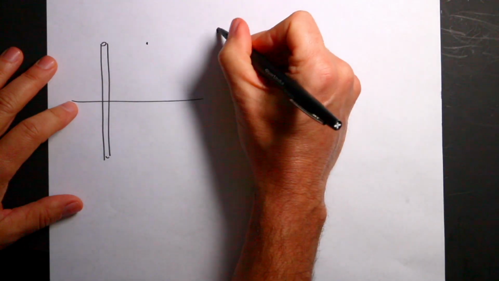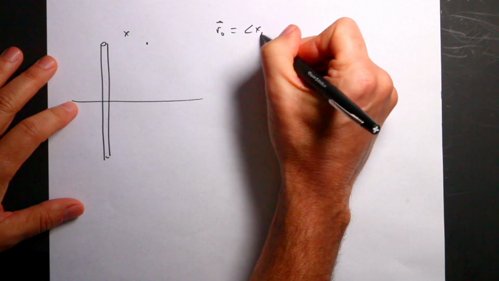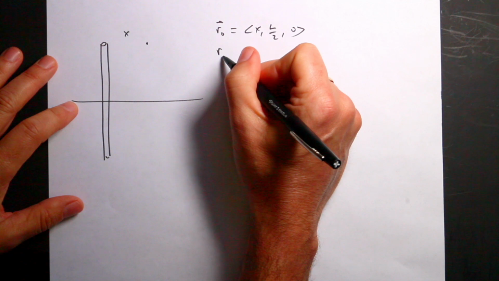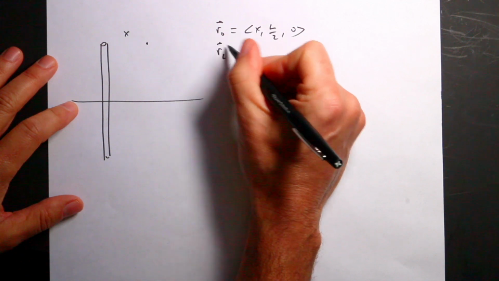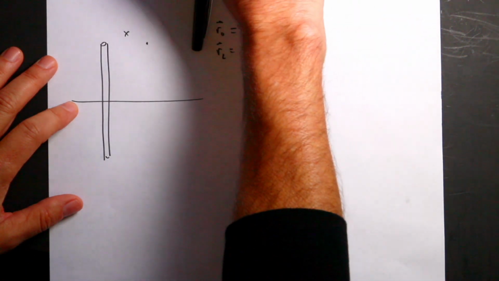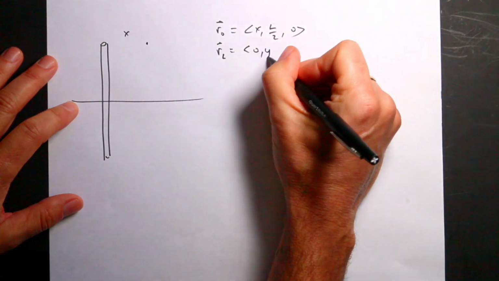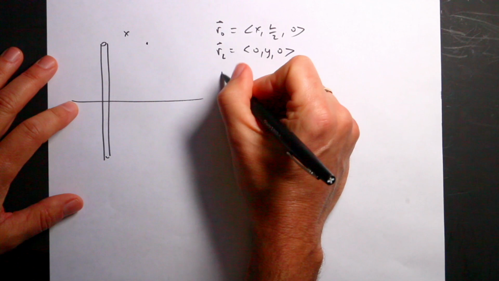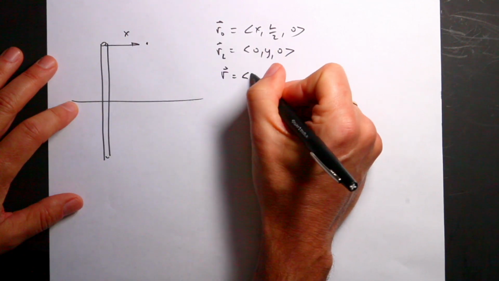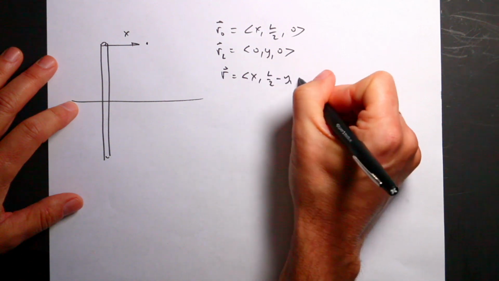So now our O is going to be x, L over 2, 0, and then I still have the same thing for the piece. RL is going to be equal to 0, y, 0. So the vector r is going to be equal to x, L over 2 minus y, 0.